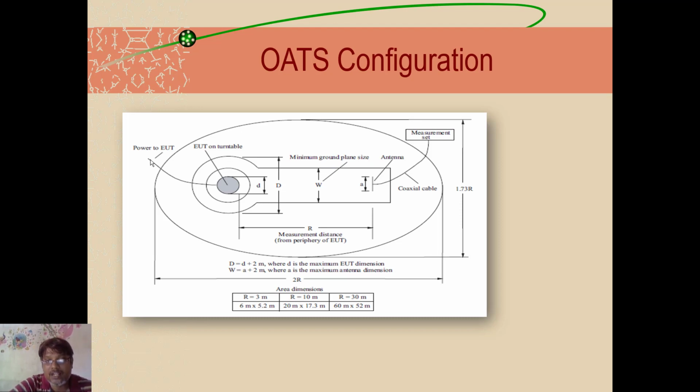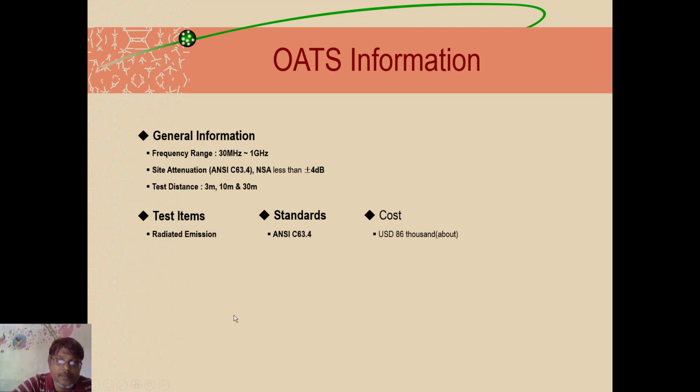The antenna heights also can vary horizontally and vertically. The range has been given already. Based on that, they have calculated MD and small MD by keeping the test equipment standard and the antenna stationary. For R equal to 3, what is the range, and for R equal to 10, the major axis and minor axis have been given over here. Next come the general information about the commonly used frequency range, what standard is available, what we are testing over here, and what the cost is.